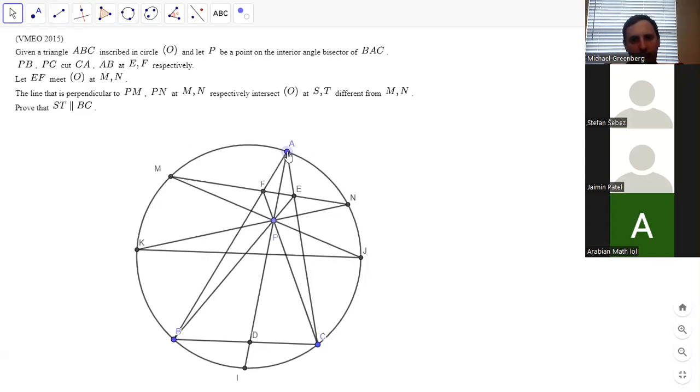Yeah, is there a way we can use Pascal's? So yeah, it feels like it should be possible. So basically, we want to show that AB and AC are isogonal in angle KAJ. Maybe we could use the isogonal line lemma. So another way to say that is AF and AE are isogonal.